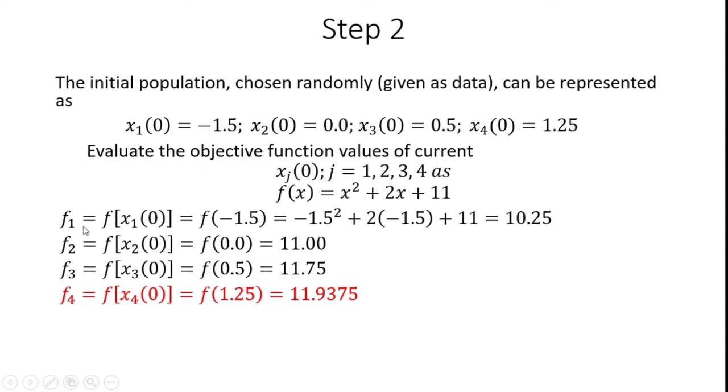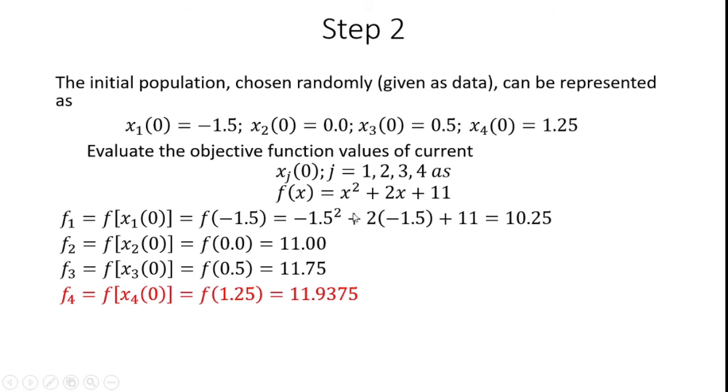Here f1, the function of 1, is equal to f of x1, where x1 is equal to minus 1.5. Substituting into the objective function, I get (minus 1.5) squared plus 2 into minus 1.5 plus 11, which gives 10.25. Substituting the x2 value, I get 11.